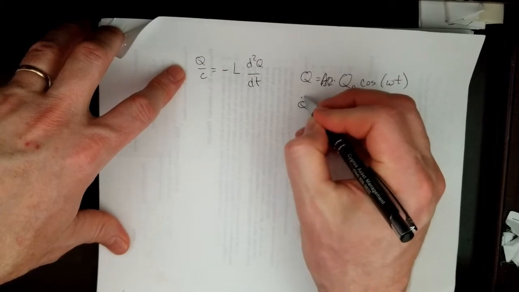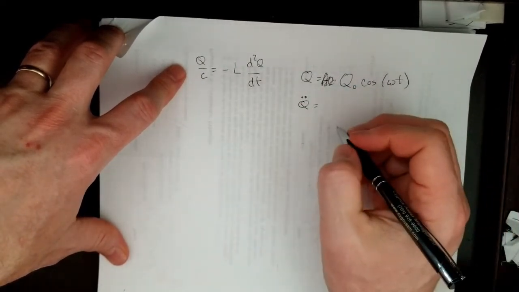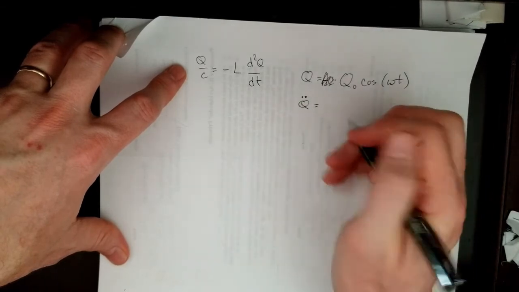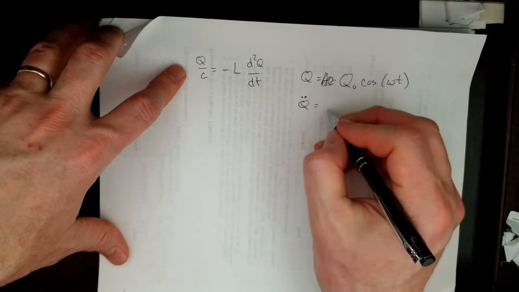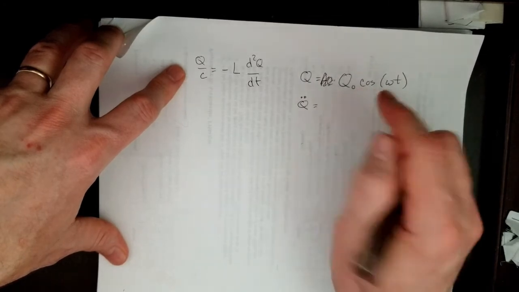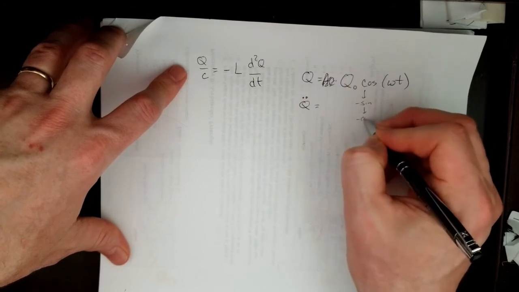So the second derivative of Q with respect to time, and this is the dot notation for second derivative with respect to time. I believe that was what Newton did. Leibniz used slightly different notation. So I take the second derivative: the derivative of cosine is negative sine, and the derivative of negative sine is negative cosine.